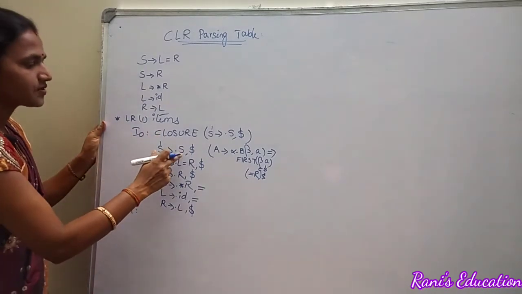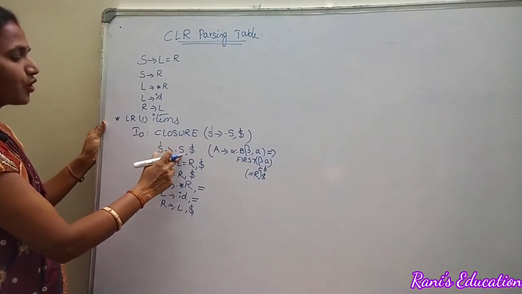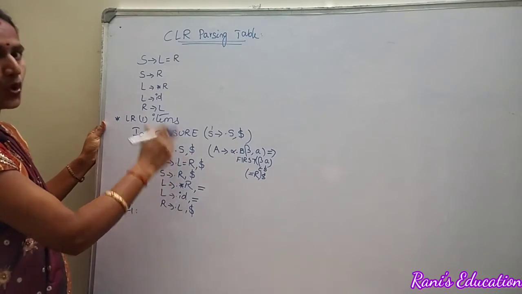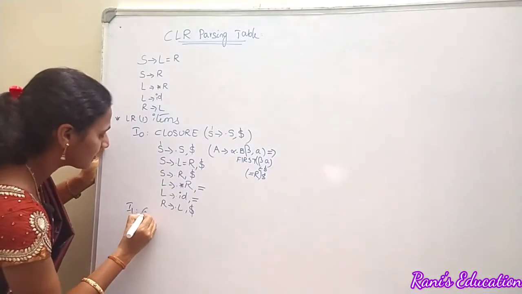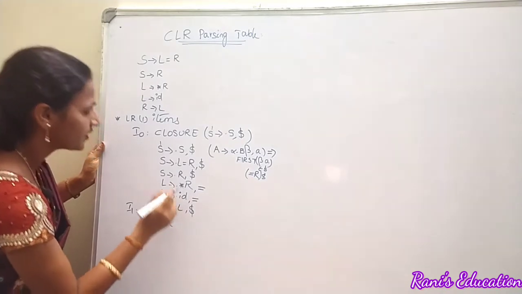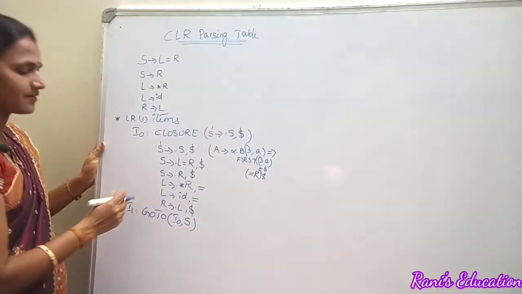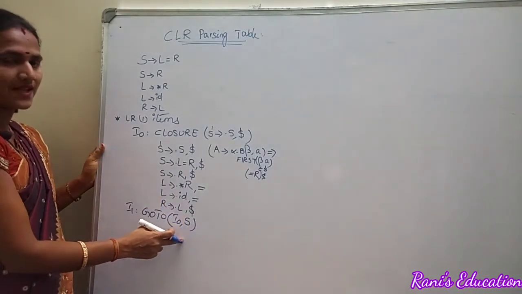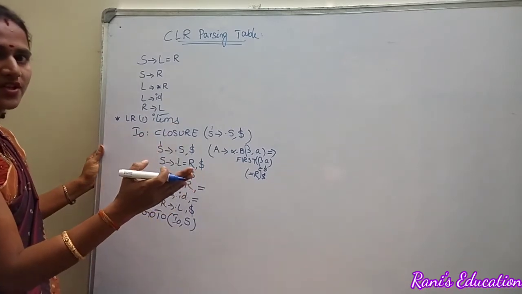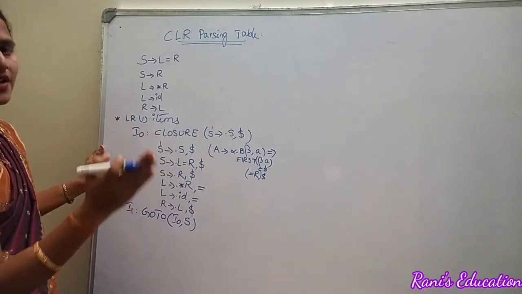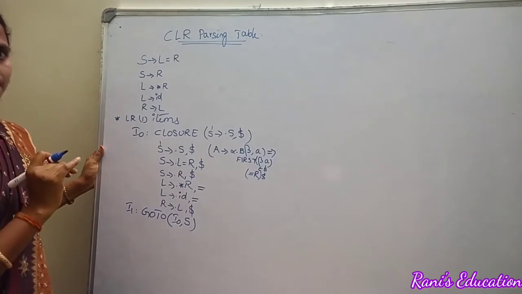Here the start of RHS contains the grammar symbol S. So first I want to change the dot position from before S to after S. From I1 onwards we are supposed to use the goto method. Goto of I0 with the symbol S. That means after S we are supposed to place the dot operator, because we need to complete each and every production by changing the dot positions one after the other.